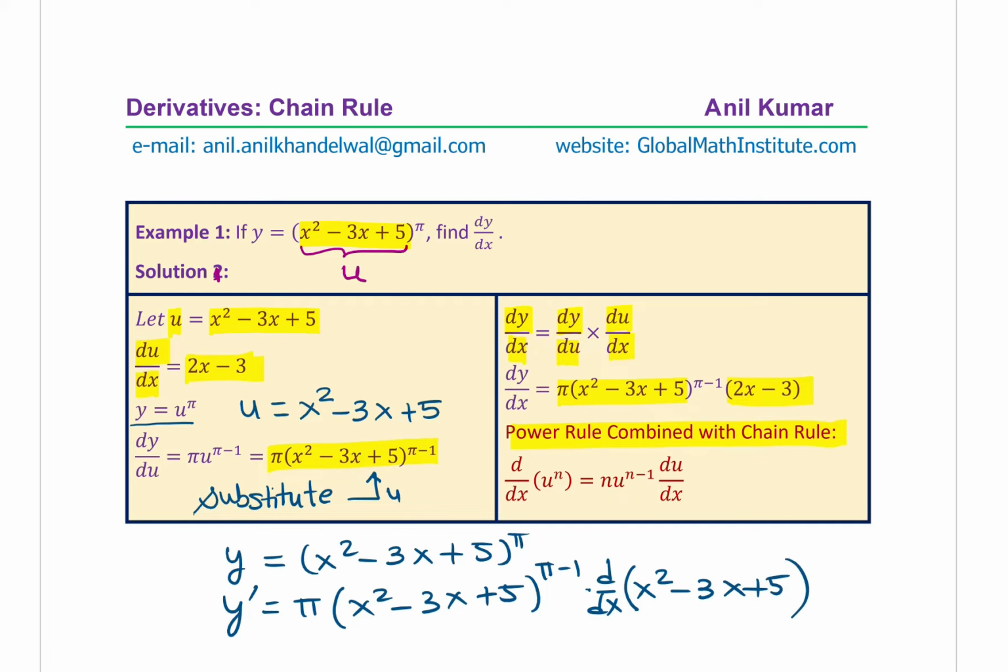Is that clear to you? So this derivative is 2x minus 3, and you get your result. Is that clear to you? So you could straight away write in this particular form. We are going to use this in some of our examples, so I think this point will be absolutely clear.